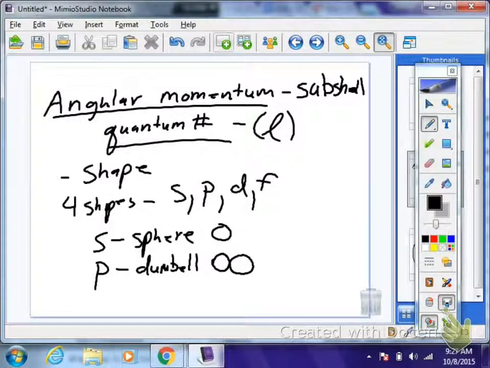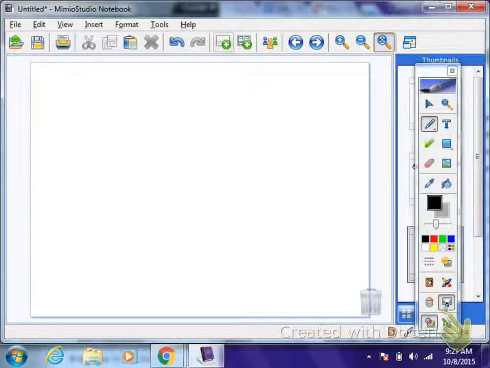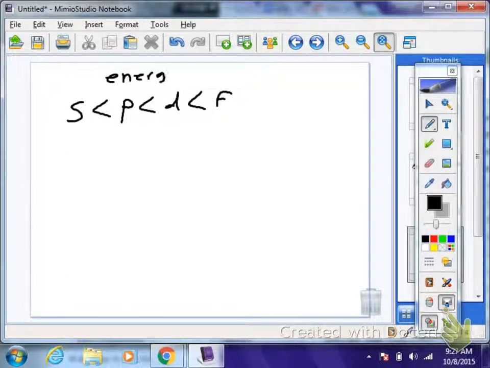Now I'm going to also tell you something about these: energy-wise, and this goes underneath this too, an S is less energy than a P, which is less energy than a D, which is less energy than an F. Okay, when we look at the energy that they have, F has the most energy.